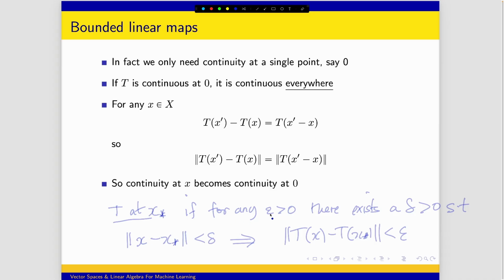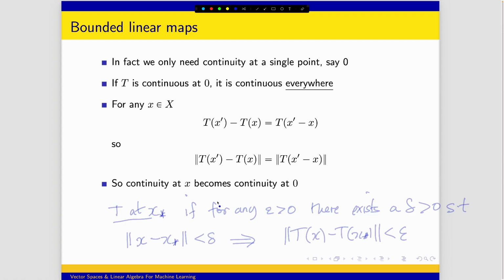So what is this saying? It's saying that for any epsilon positive, whatever value we choose, however small or however big, we can find a number delta, which is also positive, such that if x belonging to X is within a distance delta of x star, then T(x) is within a distance epsilon of T(x star). And if this holds, then we say T is continuous at x star.